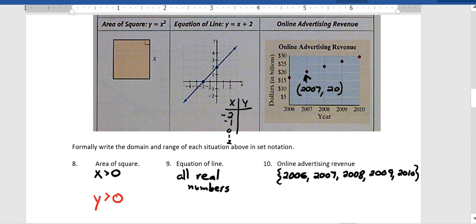Notice I use a Y value for our range. Okay. Coming over to our equation of a line. If we had plotted that line, our Y values would have been found in the table, but those Y values, if we make our table really big, could have also been all real numbers. Okay. So the range on this one is also all real numbers.